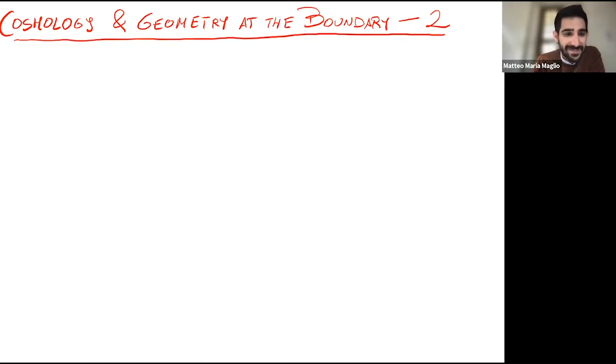Okay, thanks a lot. In this second lecture, we will switch gear a little bit and start to describe a first-principle mathematical formulation of an object which will turn out to have all the properties we ascribe to the wave function of the universe.